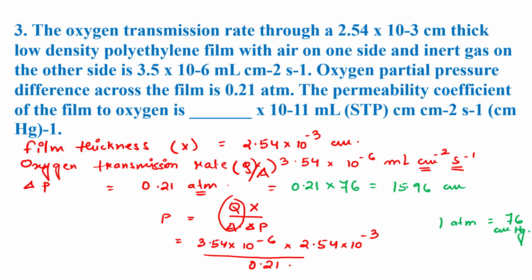So over here, after calculating, we'll get 55.7 into 10 to the power minus 11, which is my answer. So my answer over here will be 55.7 ml.